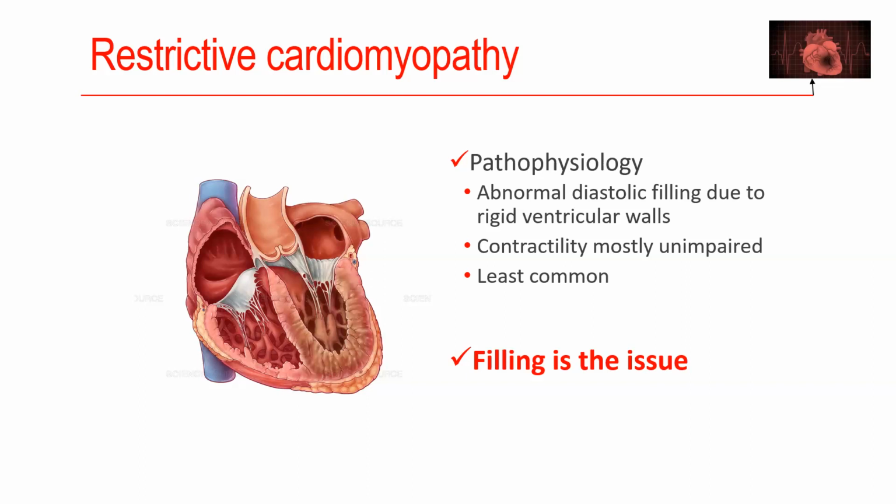But what you really want to know when you look at an echocardiogram is, do they have preserved ejection fraction or do they have reduced ejection fraction? Reduced ejection fraction means systolic dysfunction. Preserved ejection fraction usually means diastolic dysfunction. And at some point, they become coexistent. So at some point, when we haven't treated patients, they're going to have both failure to fill and failure to eject. So that's really what happens ultimately.